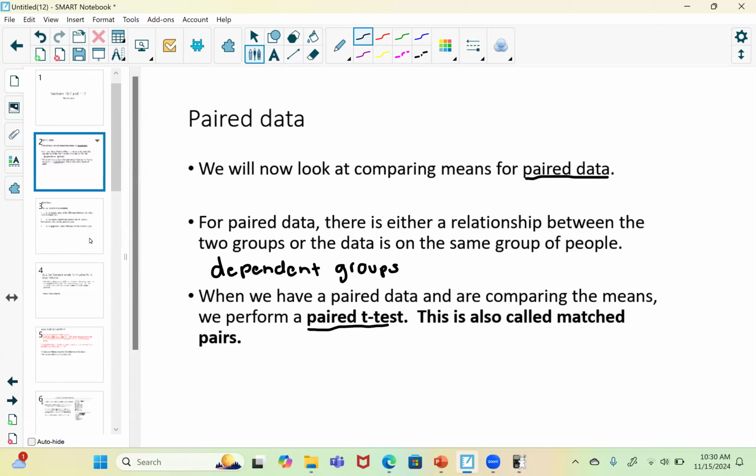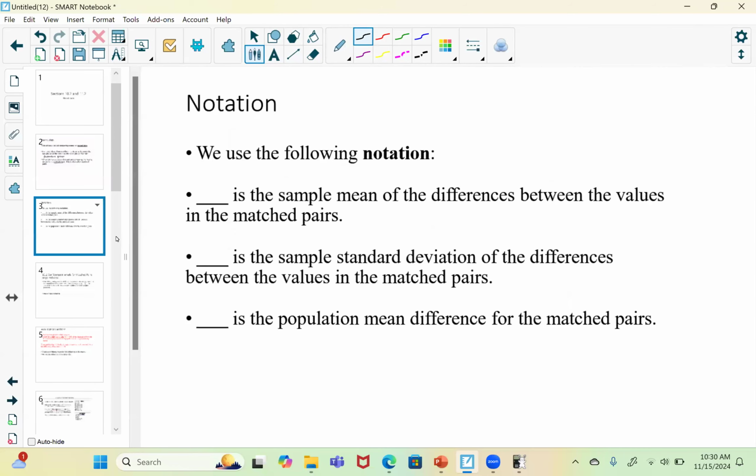So for this one, we're interested in the difference, and we use the following notation. When we talk about the difference between the sample means, we do X bar again, but we put a little D by it to represent the difference. So X bar D is really X1 bar minus X2 bar.